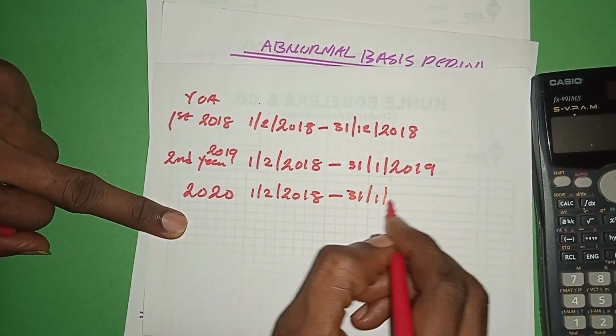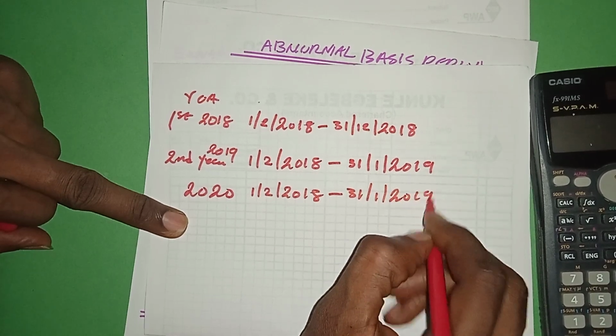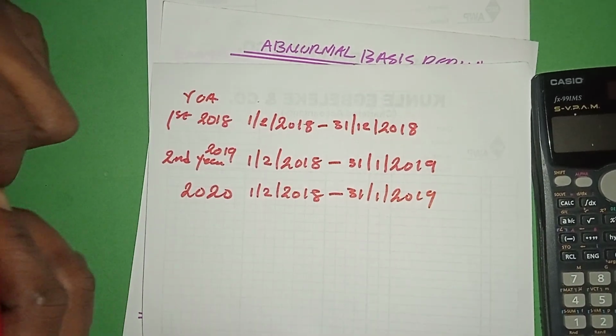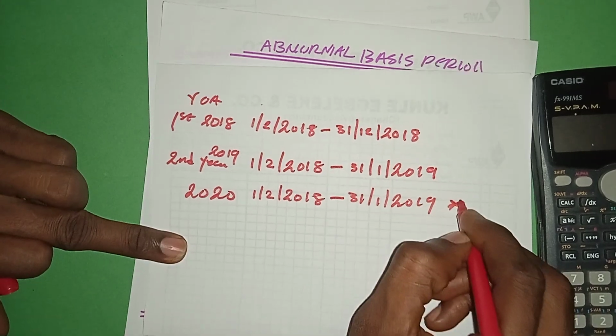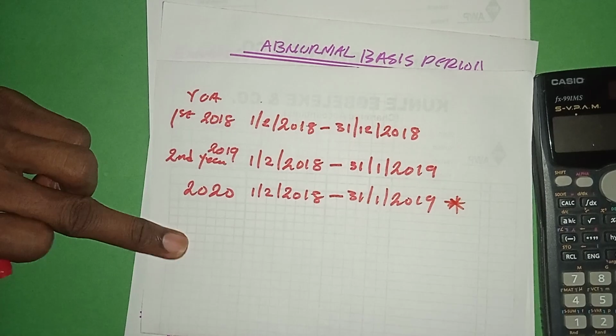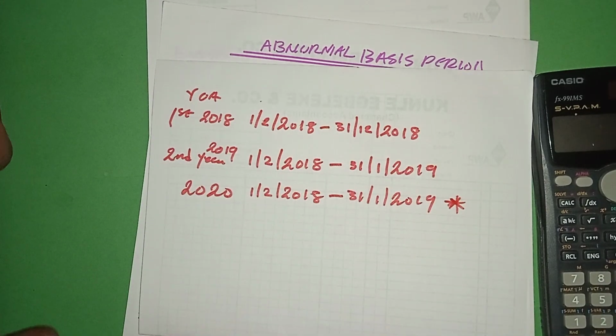31st December 2019. You see, it now follows the preceding year basis. It now follows the preceding year basis. But for this third year, there are conditions for you to repeat it.